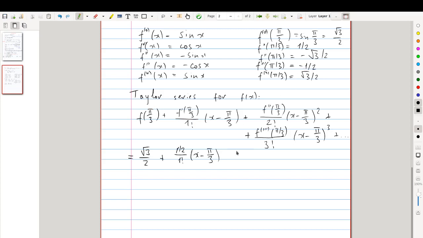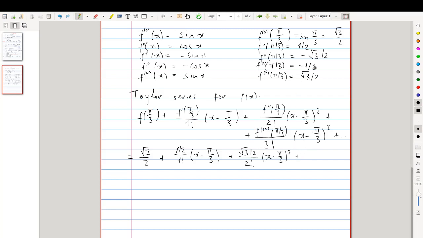So I will be subtracting root 3 over 2 divided by 2 factorial and multiplied by x minus pi over 3 squared. And finally, the third order term.